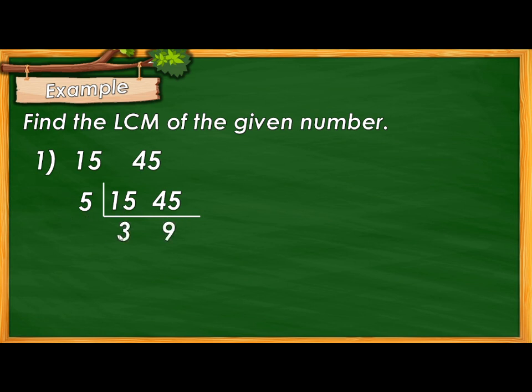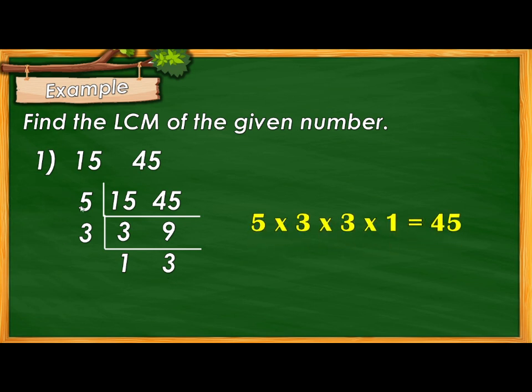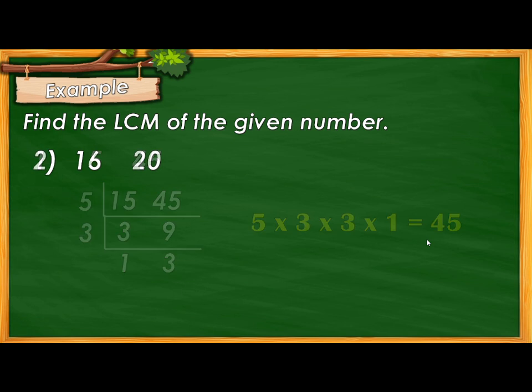So 15 divided by 5 is 3. 45 divided by 5 is 9. And then the common prime number between 3 and 9 is 3. 3 divided by 3 is 1. And then 9 divided by 3 is 3. So the LCM would be 5 times 3 times 1 times 3. So the LCM would be 45.